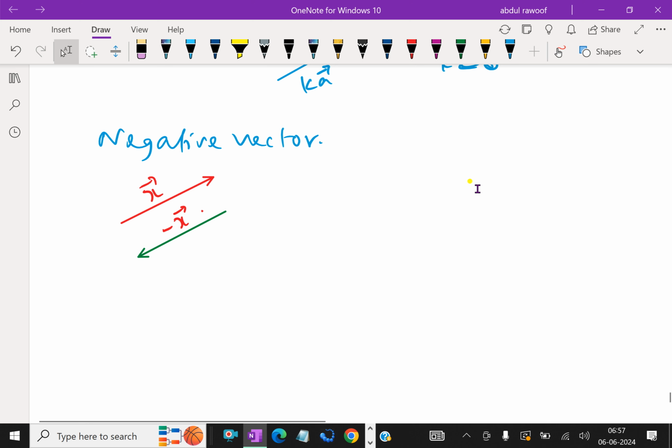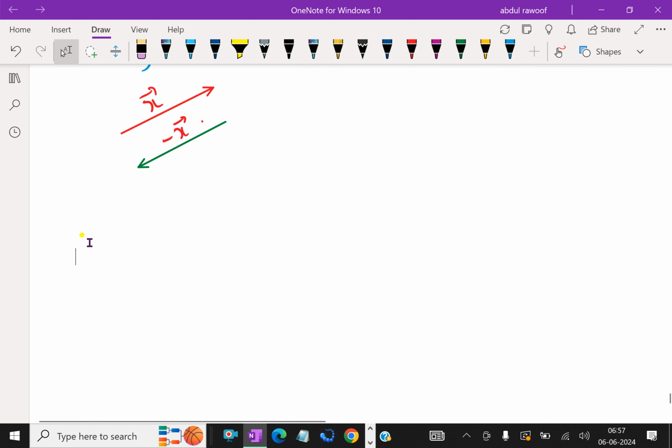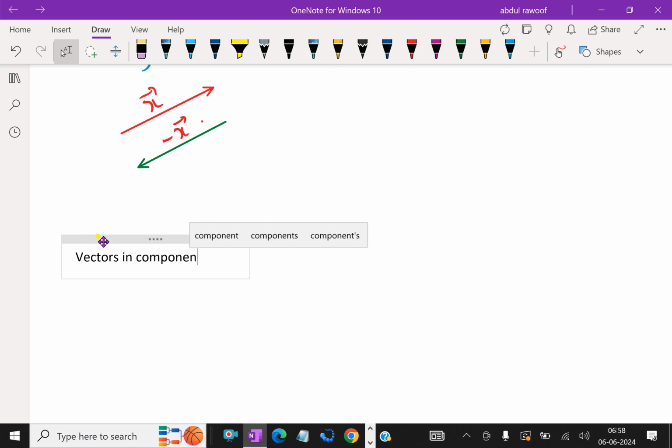Next, vectors in component form. What does it mean?